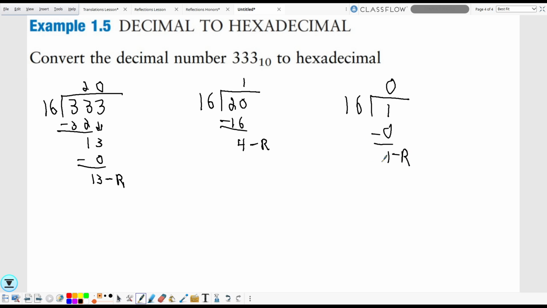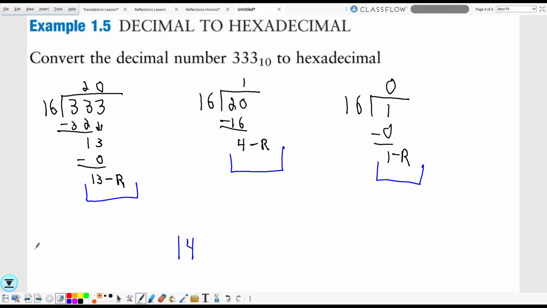And then once you do that, you write out the remainders. The way you would write out the number is take the last remainder we worked with, the 1, as the leading digit. And then the next one is 4. And then the next one is 13.